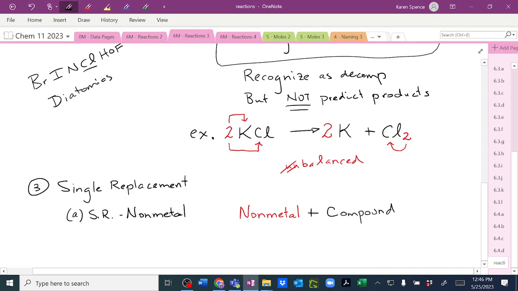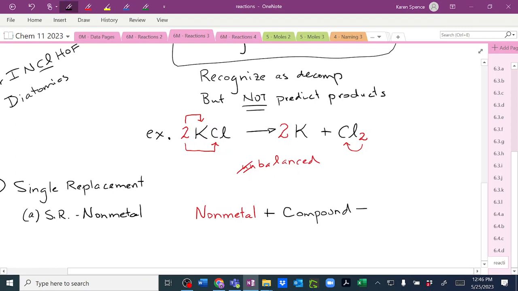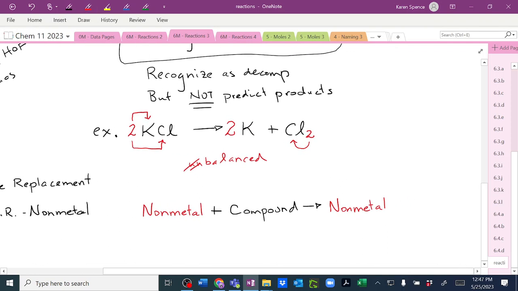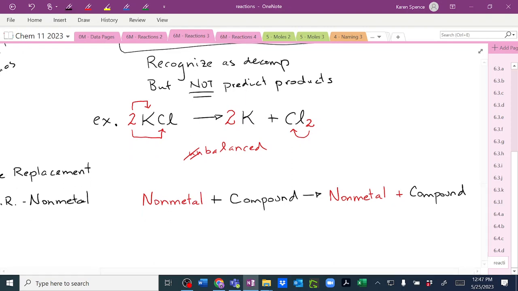Okay. And then we will end up with a non-metal plus a compound. So the non-metal takes the place of the non-metal in the compound, okay?